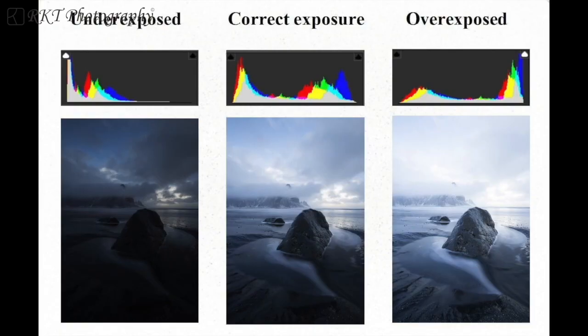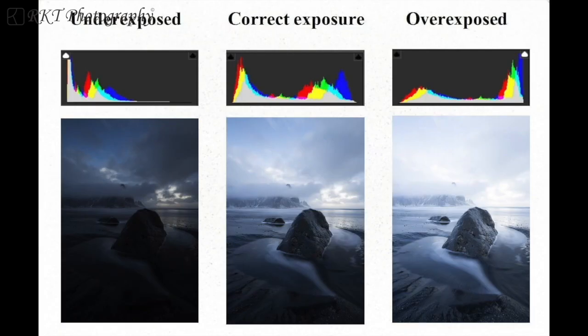Histogram. One should understand and know how to read a histogram. When the curves of the histogram go to the left hand side, there you will see the image is underexposed. You can see in the example, when there is darkness in the image or some shadows in the image, the histogram is on the left hand side, which is underexposed, and when the histogram is on the right hand side, the image is overexposed.